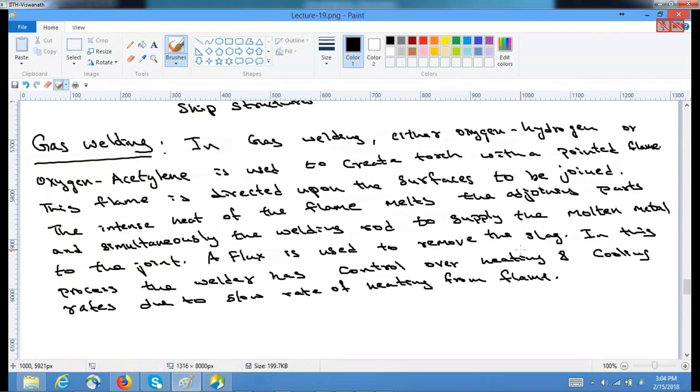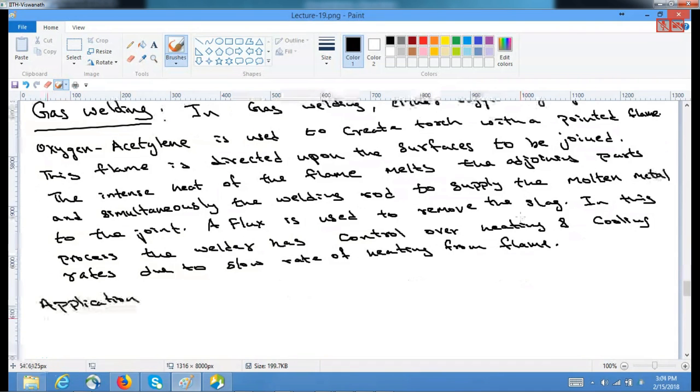So the application is to weld. The next one is electric arc welding.